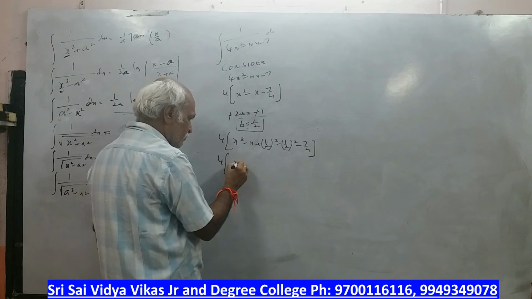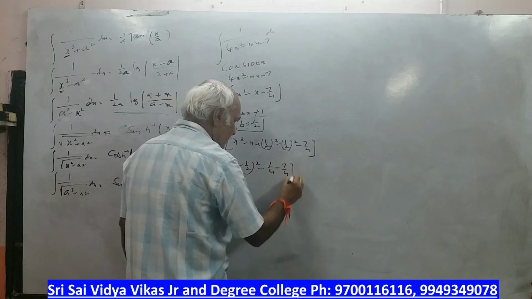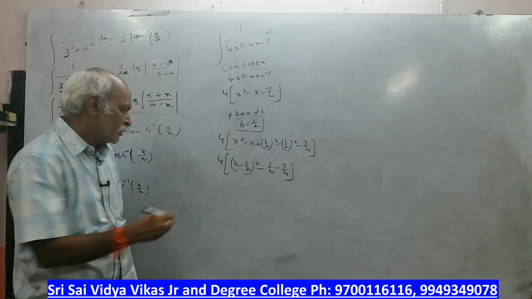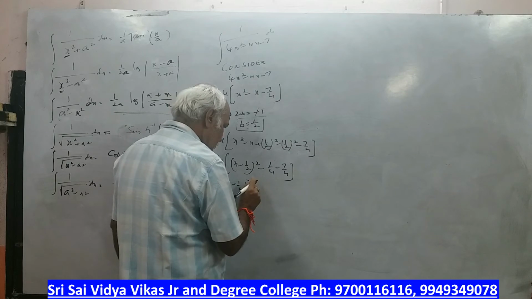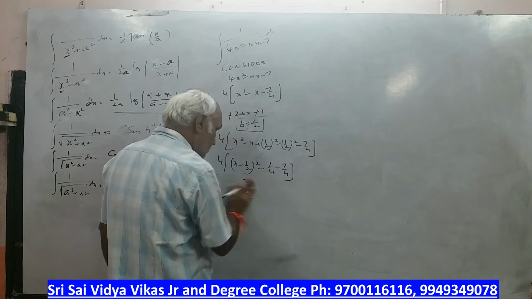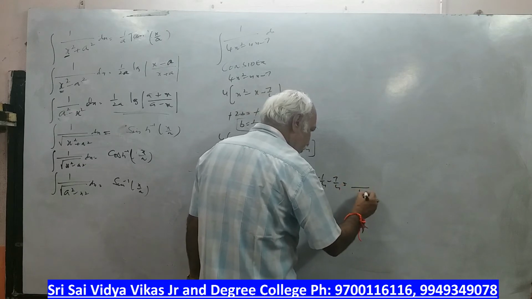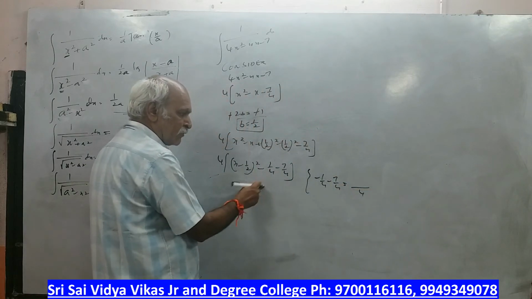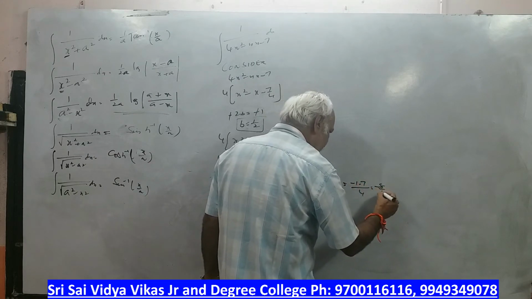So 4 into minus 7 by 4. Right? Now, again, flower bracket. I told you this flower bracket concept you have to remember. Minus 1 by 4. So 4 is LCM. Minus 1 minus 7, minus 8 by 4.